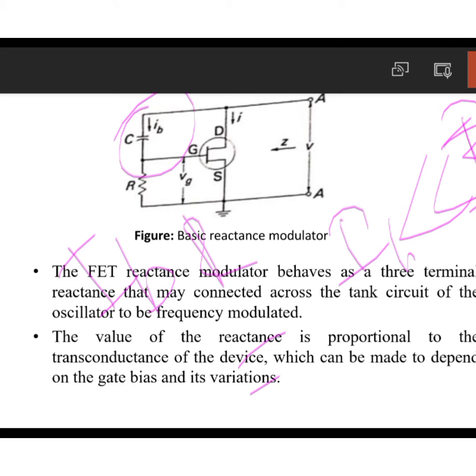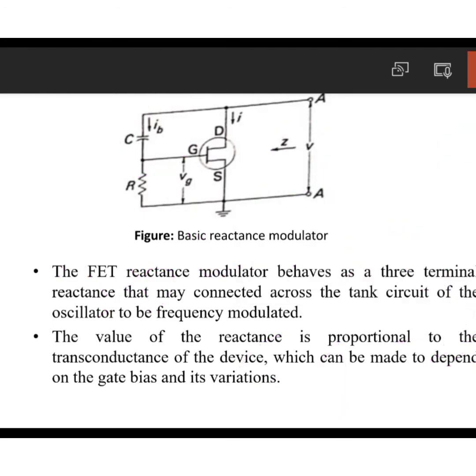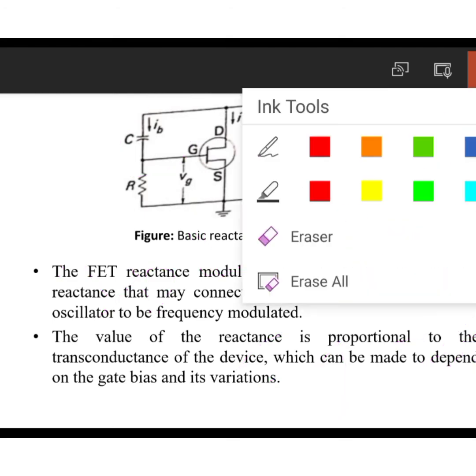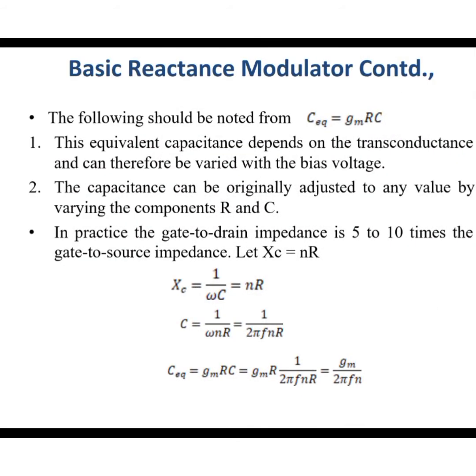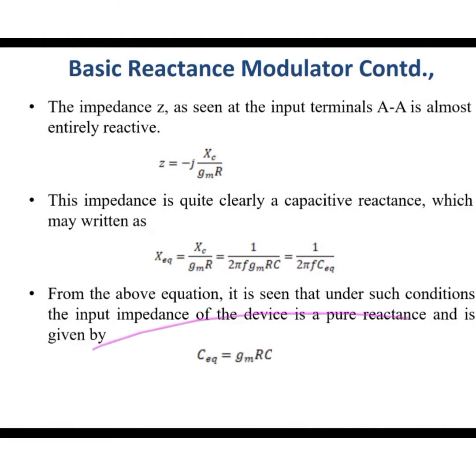So what you have to do is that the impedance developed across here depends on the value of V by Id. Id we have already calculated, right? So Z is nothing but minus jXc into GmR.